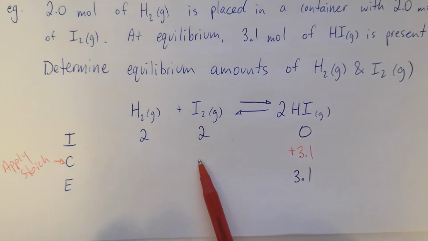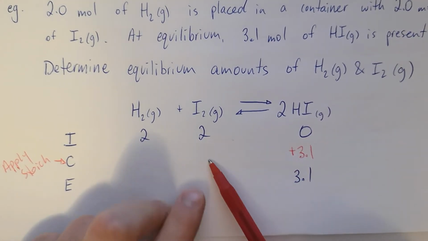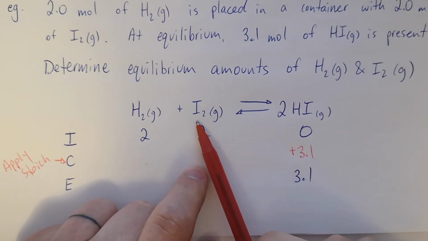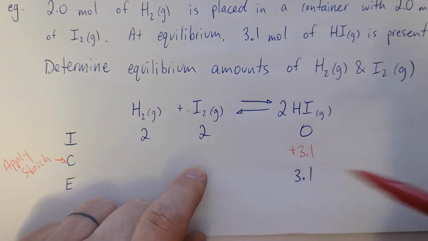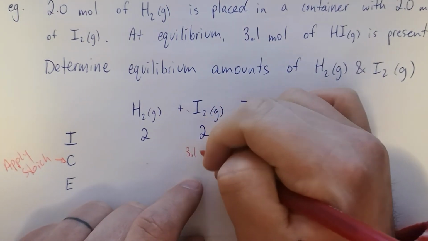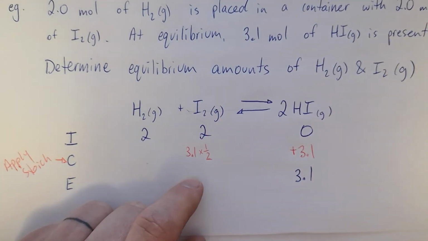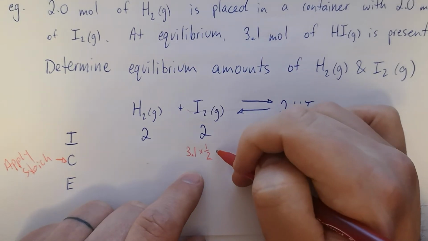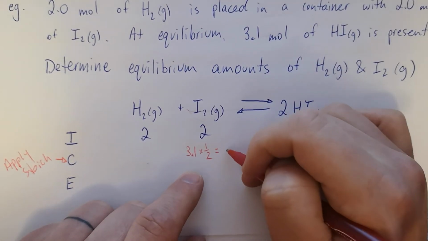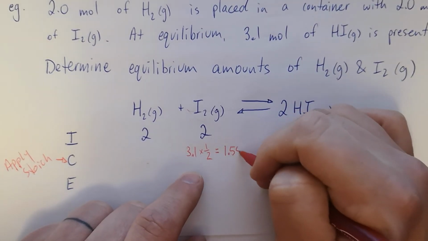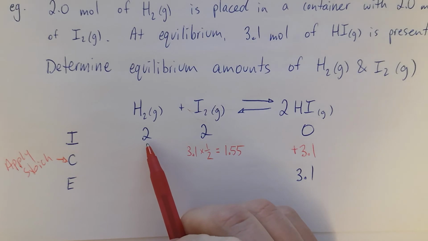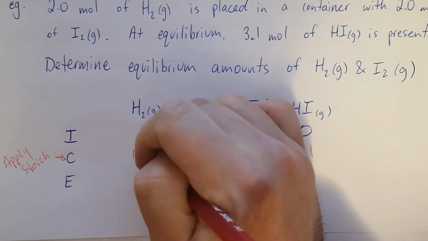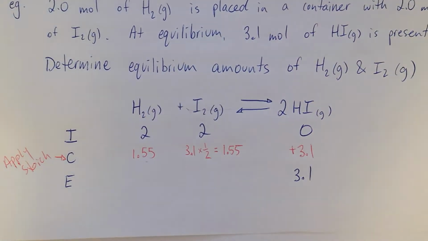That's what you multiply by the stoichiometric ratio to find these guys' change. So to find iodine, it's 3.1 times desired over given, which would be 1 over 2. So I'm going to write that. That's going to be 1.55. I think you'll agree hydrogen's going to have the same change. It's got the same coefficient as iodine.